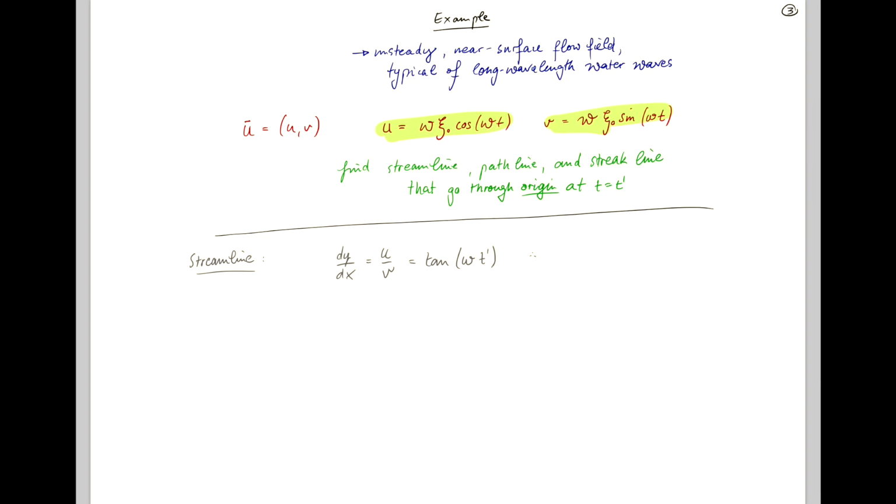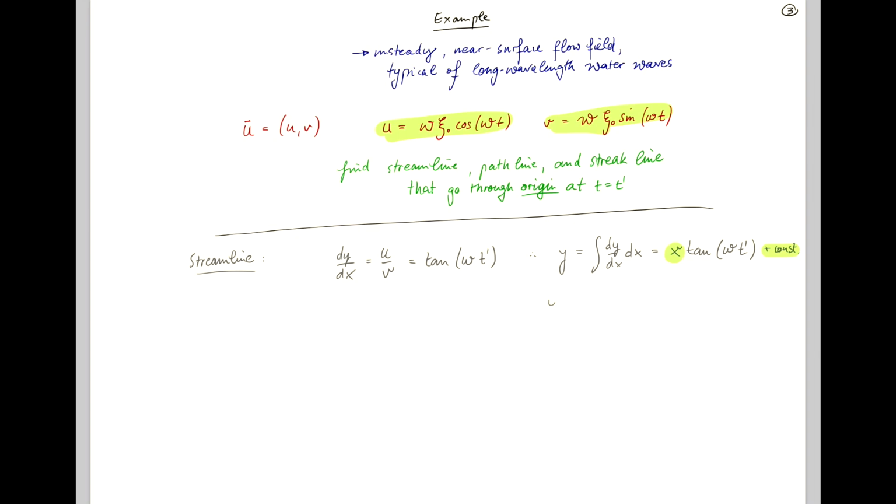We can integrate this so that we get y is the integral of dy/dx dx, which is just x tan omega t dash plus a constant. Since tan omega t dash doesn't depend on x, we just get this one x dependence on the integration, and then we also get a constant.